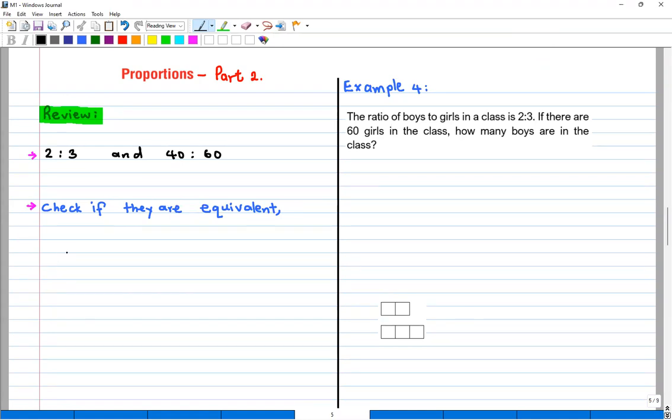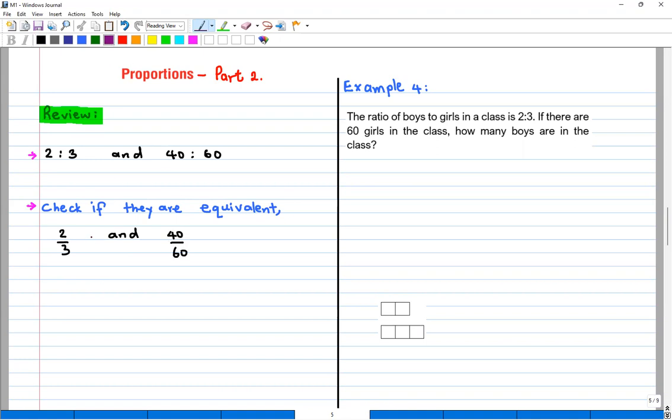To check if the ratios are equivalent, we write them as fractions. So 2 to 3, we write as 2 out of 3, and 40 to 60, we write as 40 out of 60.